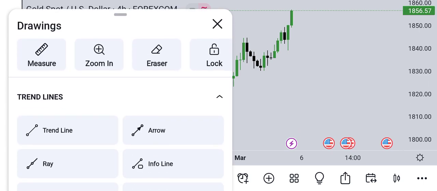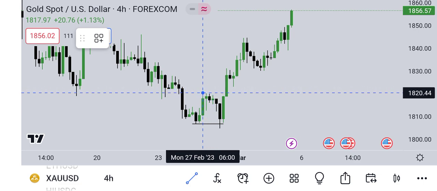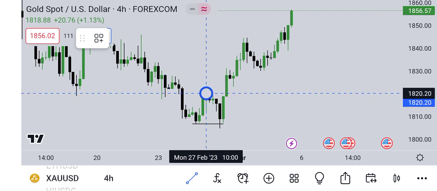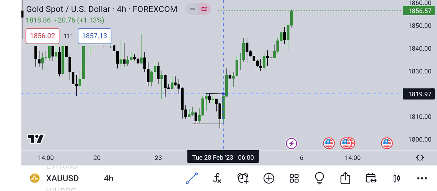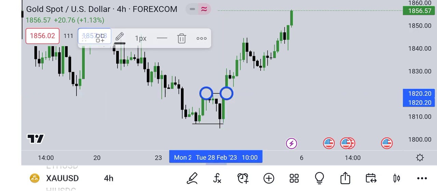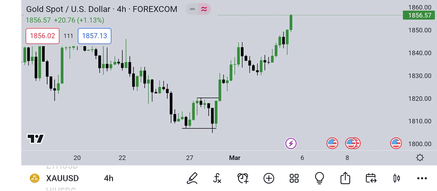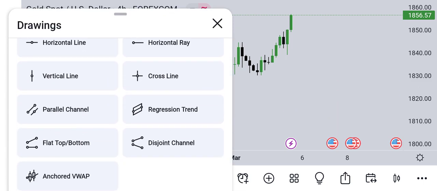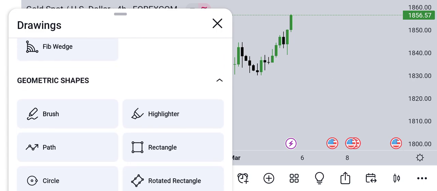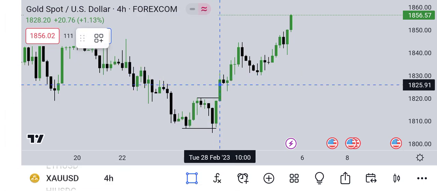Okay, so market structure shifts here. Market structure shifts there. Okay, so the market had momentum and just decided to work with this fair value gap.